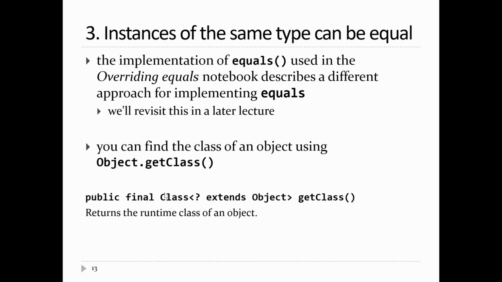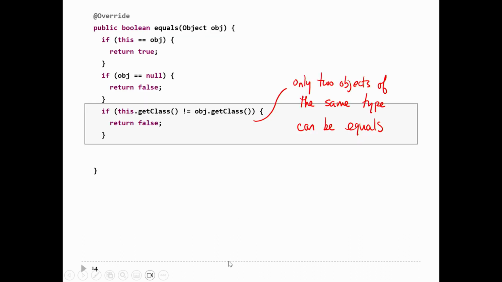So if we use point2 in our program, then there's exactly one class object that corresponds to our point2 class. And so that's how the virtual machine keeps track of what classes are being used in your program. So I can use getClass to determine what is the type of an object.